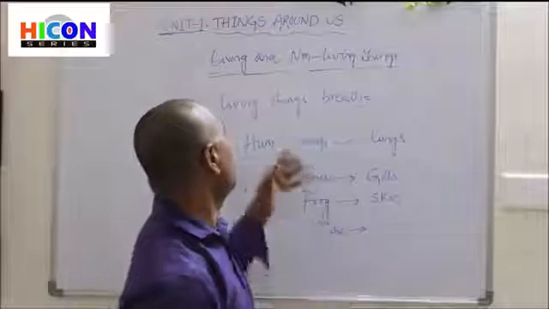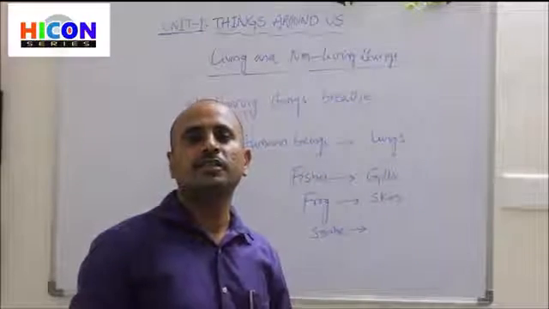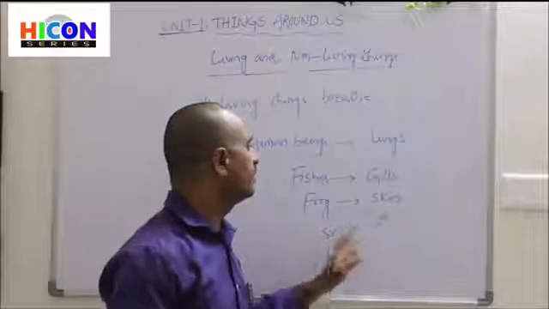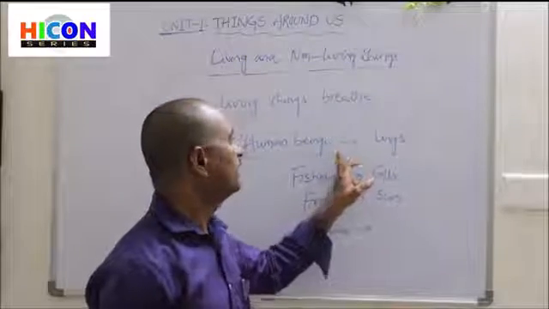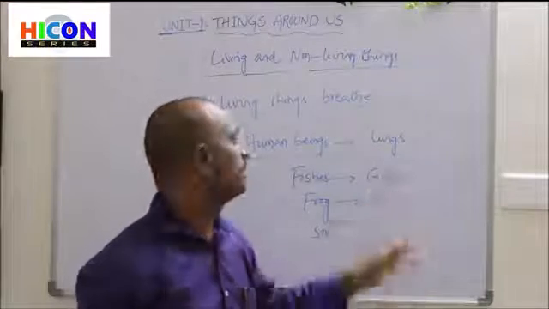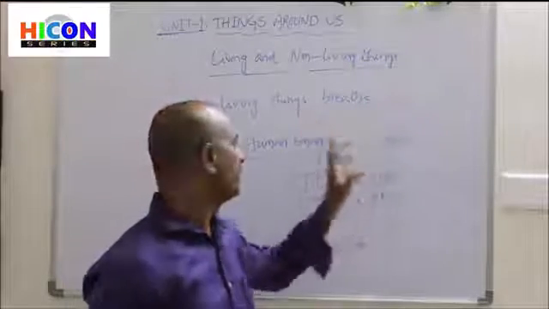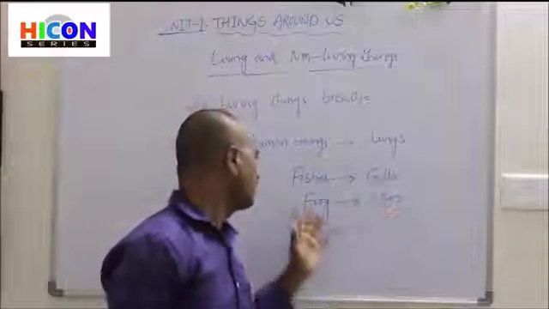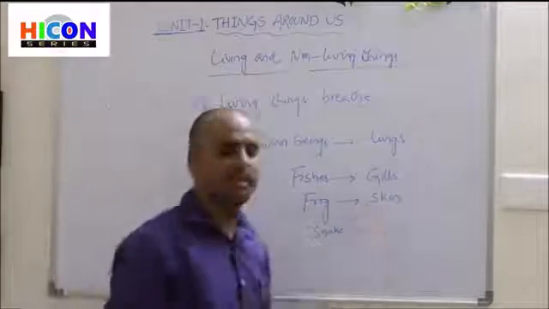So in this way all living things will breathe oxygen, that means respiration takes place with the help of different parts present in them. In human beings, lungs are the respiratory organs, that means lungs take the oxygen from the nose. Whereas in fishes, the breathing will take place with the help of gills, and in frogs, the breathing will take place with the help of their skin.